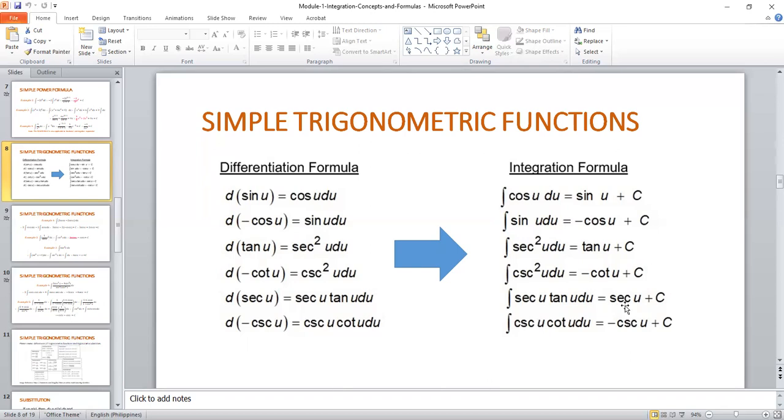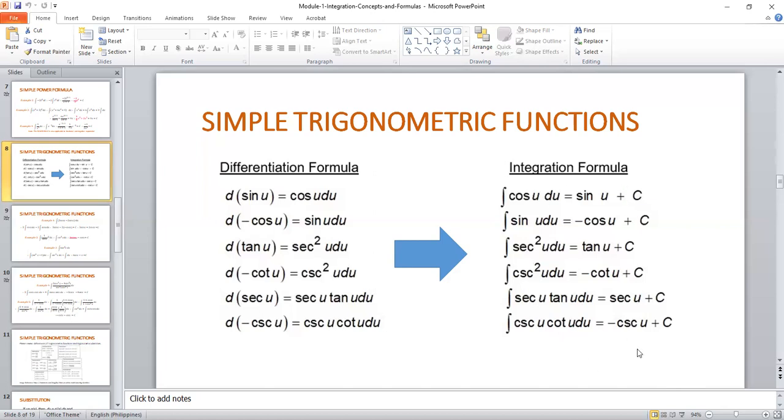What will happen if you differentiate your answer here? It will go back to this. Derivative of sine, cosine. Derivative of negative cosine, positive sine. Derivative of tangent, secant squared. Derivative of negative cotangent u is cosecant squared u. Derivative of secant u is secant u tangent u. Derivative of negative cosecant u is cosecant u cotangent u.